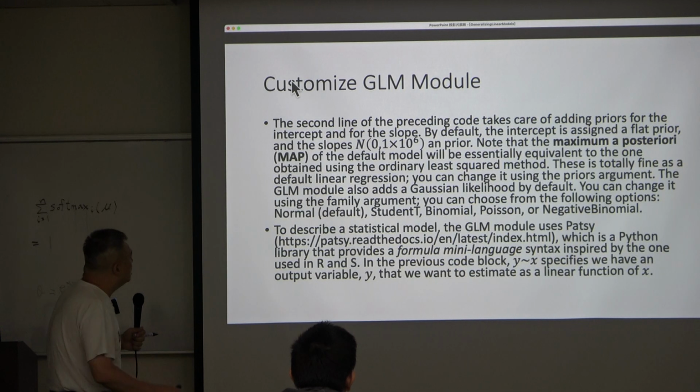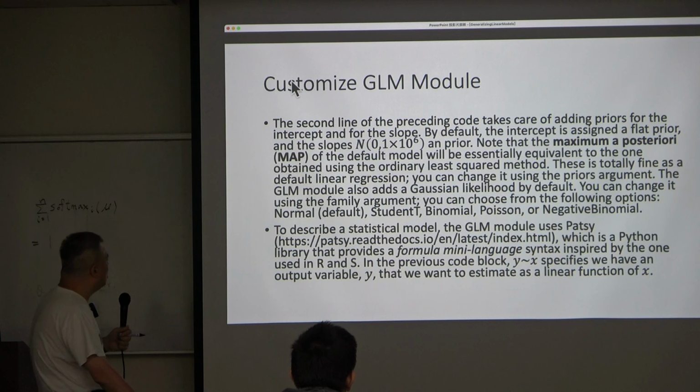Note that the maximum a posteriori, MAP, of the default model will be essentially equivalent to the one obtained using the ordinary least squares method. So this is going to be similar to the least squares method, but that's exactly what's going to happen if you use a simple linear regression anyway, with a proper setting of the prior, of course.